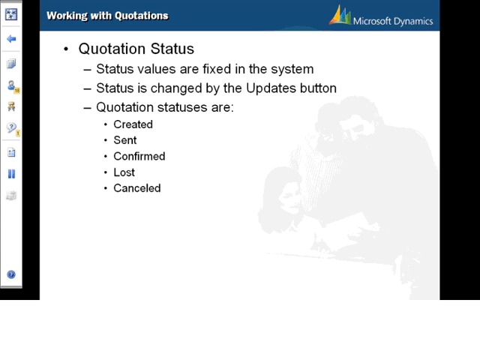The quotation status does not refer to a particular quotation status setup table. The status values are fixed in the system. The status is changed by selecting an option from the Update button on the quotation form. The quotation statuses are as follows. So we can see the created, sent, confirmed, lost, and cancelled.